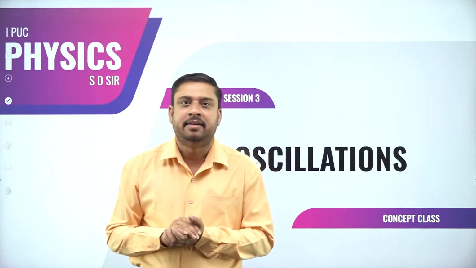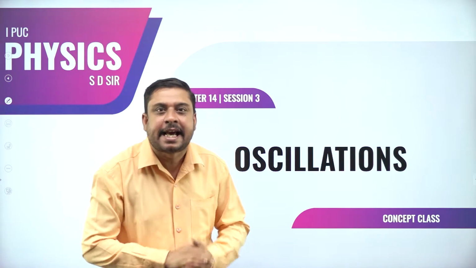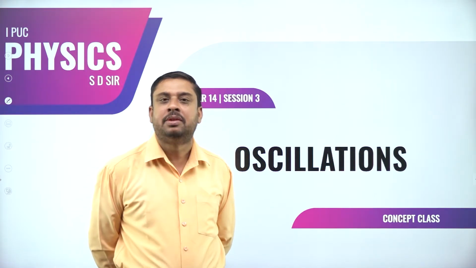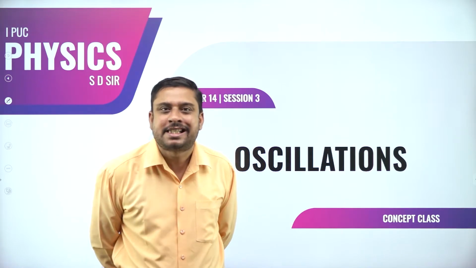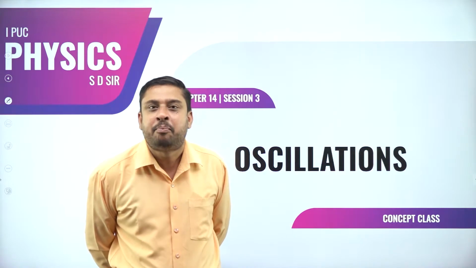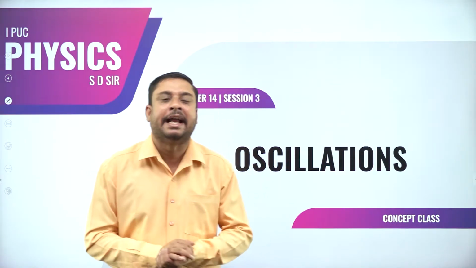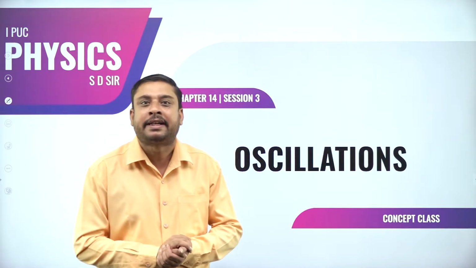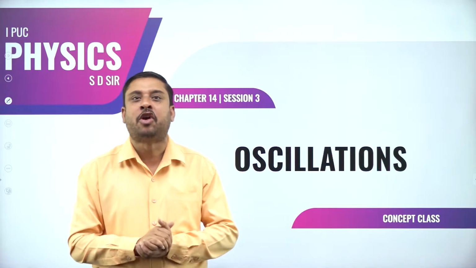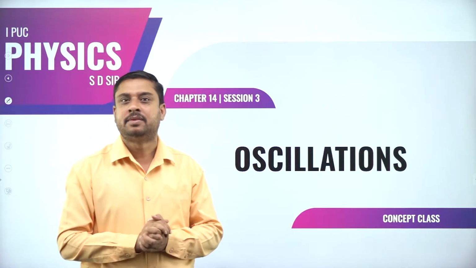We studied the three characteristics of SHM, where the first characteristic says simple harmonic motion is defined when a particle moves to and fro about its mean position.